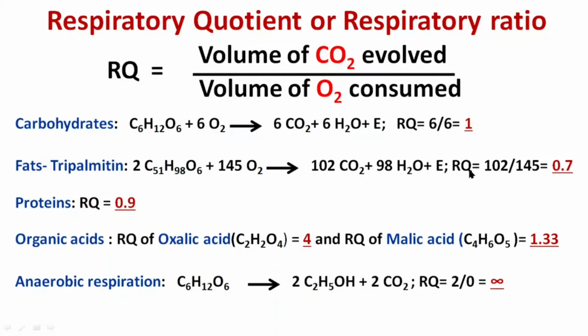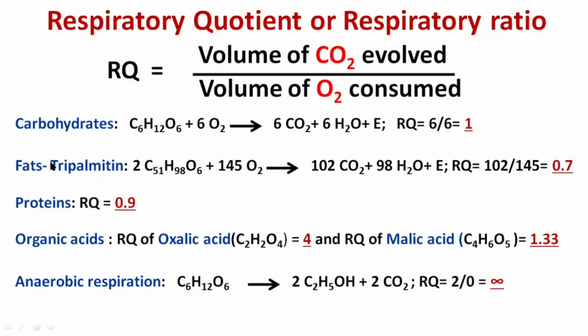To calculate RQ, 102 should be in the numerator and 145 should be in the denominator. 102 divided by 145 gives 0.7. Normally, RQ of fats will always be lesser than 1.